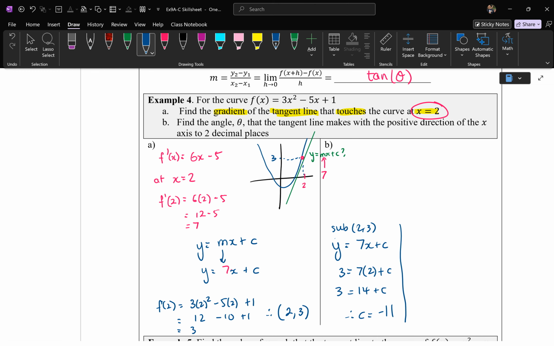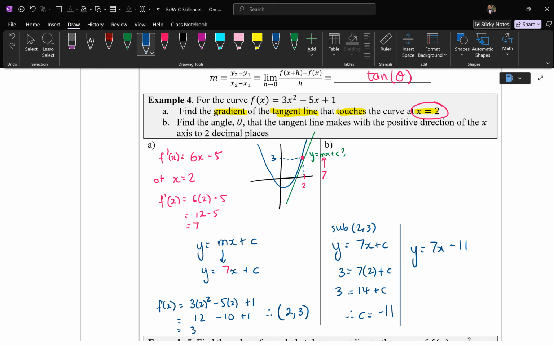So what's my equation? The tangent line must then be y equals 7x minus 11. So 7 is the instantaneous gradient or rate of change, and the y-intercept is negative 11. That's going to be repeated in chapter 10. I'm pretty sure it's exercise 10A where you're doing tangents and normal lines. That's the expectation: you find all the derivative skills and then you apply it.